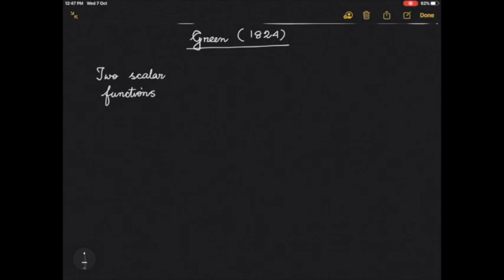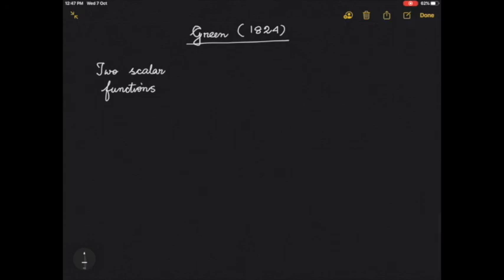So these are functions of x, and that's what we call a field in physics. Field is also used for something else in mathematics, but this is just two functions of x. And these functions are well behaved inside the volume.